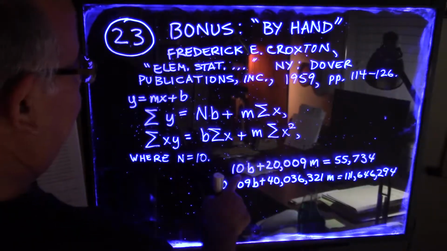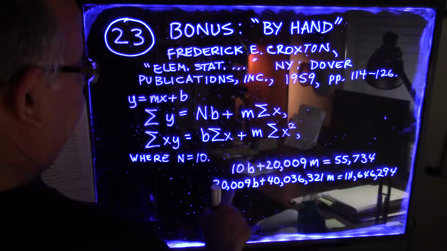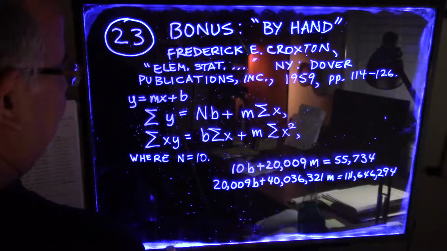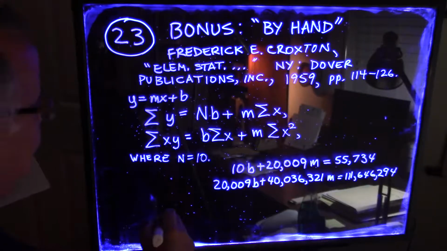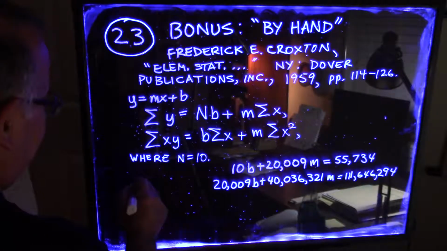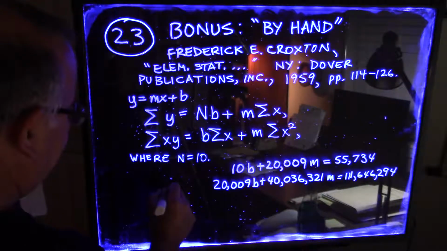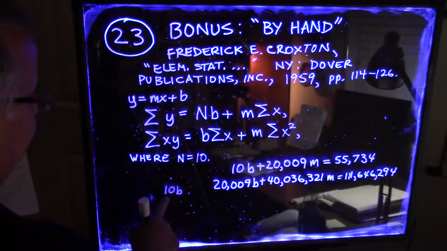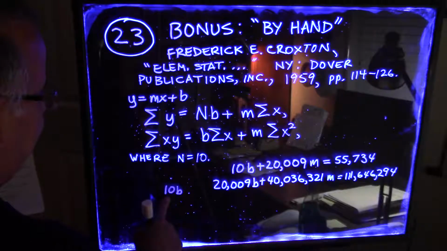How would you eliminate the b's? What I need to do is get rid of that 10 and get a negative 20,009 there. We've got 10b. I want to get rid of that 10 and put a negative 20,009 in its place.